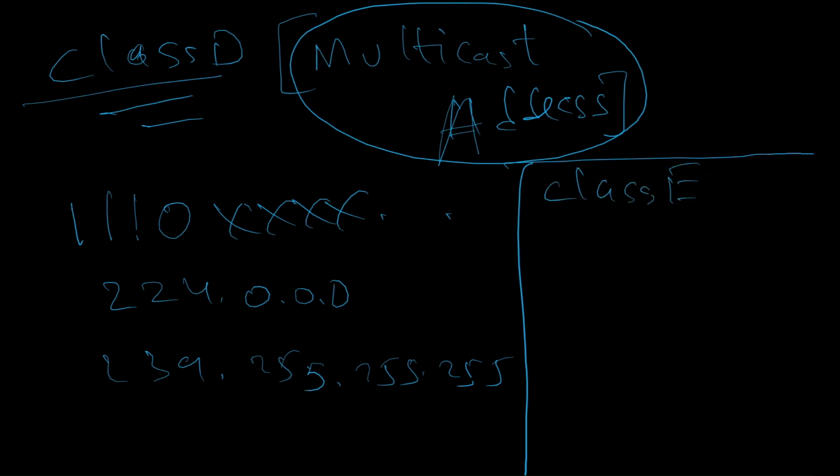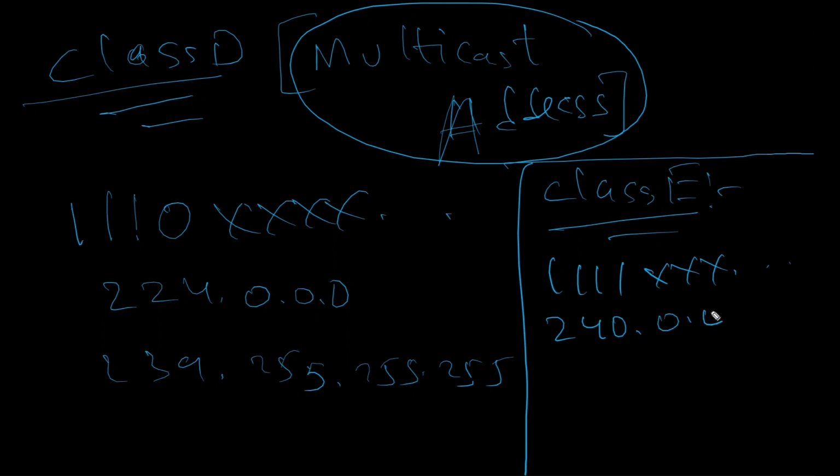And let me explain about class E. So in class E, the first 4 bits are fixed, these are all ones, and the remaining are don't care. So the range is from 240.0.0.0. You can figure this number out by putting all zeros over here, and it turns out to be 240, and if you put all ones over here, it would be 255.255.255.255.